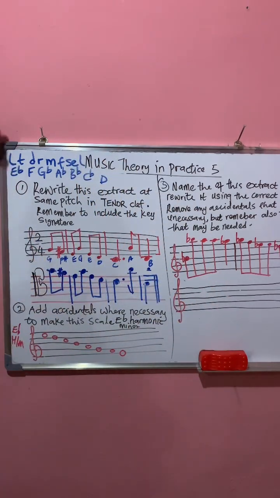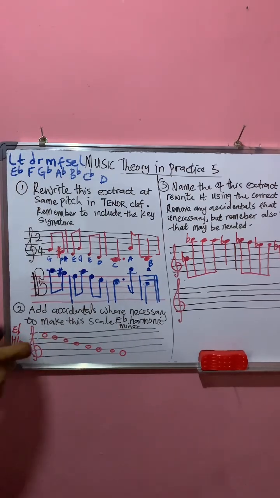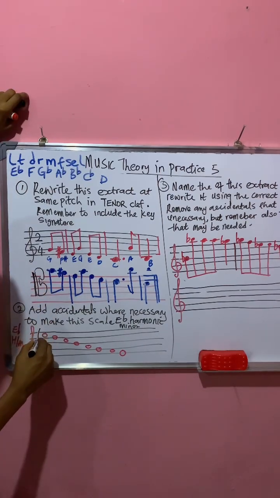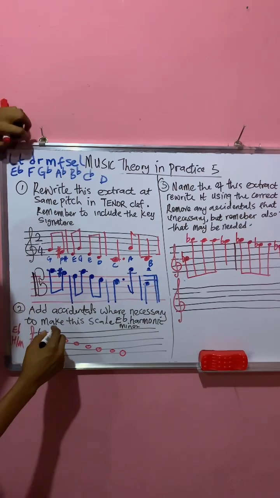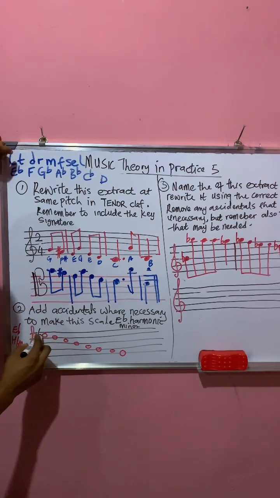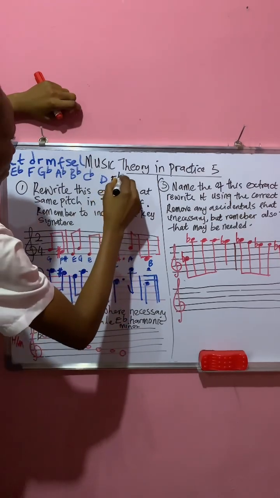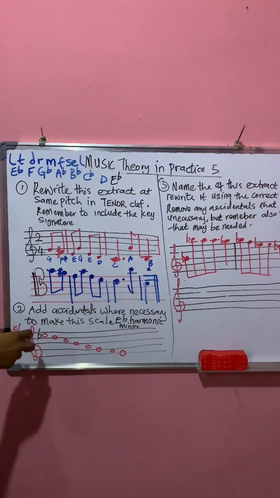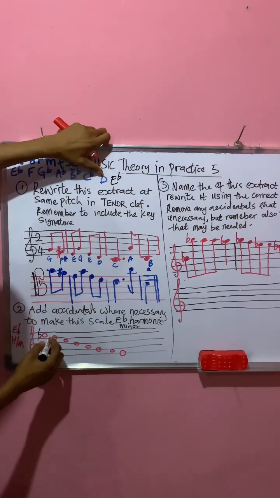So let's fix it here. That means we are going to have E flat, we are going to have D flat, E flat. Let's start from here, because it's given in. So there's going to be E flat, and we have D, not D flat.